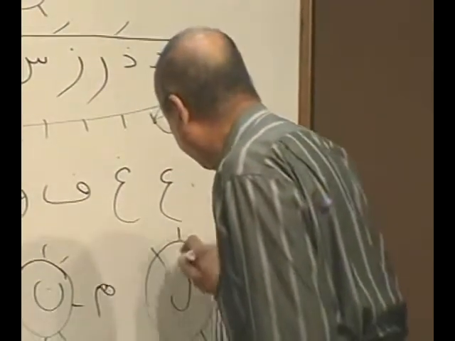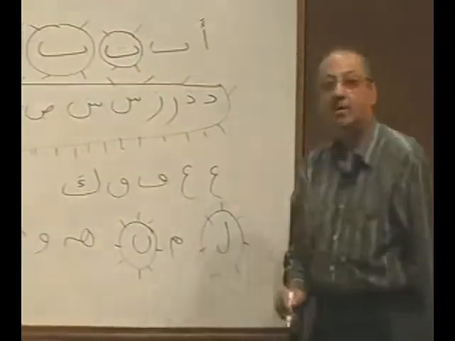This is sun, okay? Now, when you have Al coming, if it is a moon letter, you will pronounce it. What will you pronounce? You will pronounce the lam.